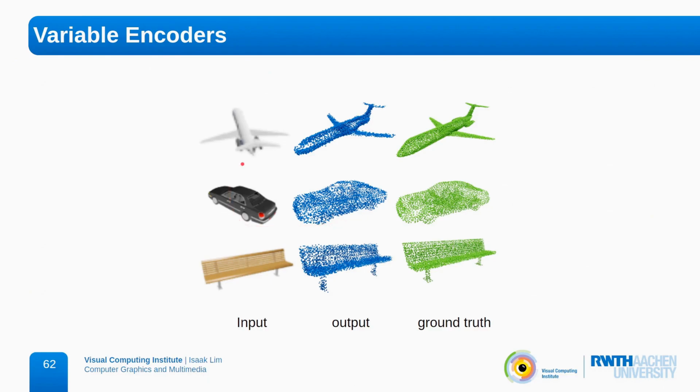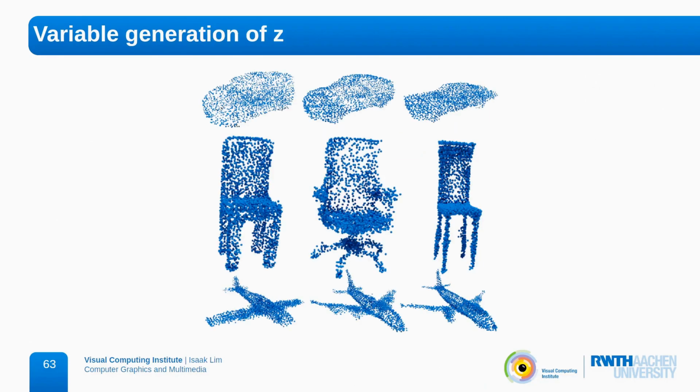We can exchange that with encodings of images, for example, for the single view reconstruction task. And we are even able to train a variational autoencoder, which allows us to sample Z from a Gaussian distribution in order to generate these shapes.